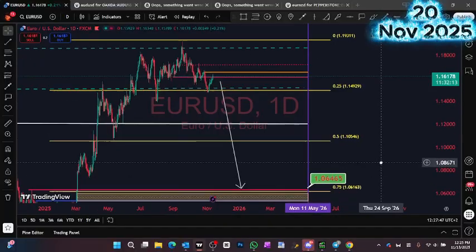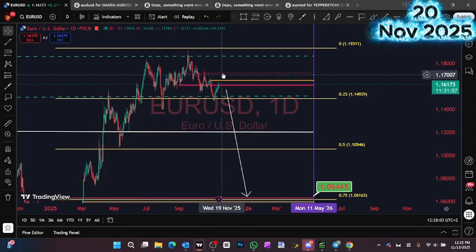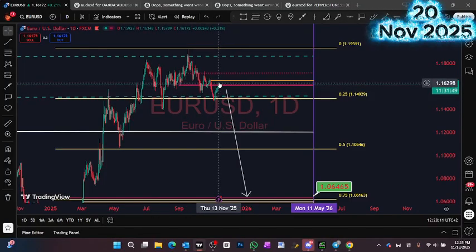But anyway, now what we need is a confluence that this is going down. We know that it's within the monthly bearish OP. We know that right now it has already entered that area.